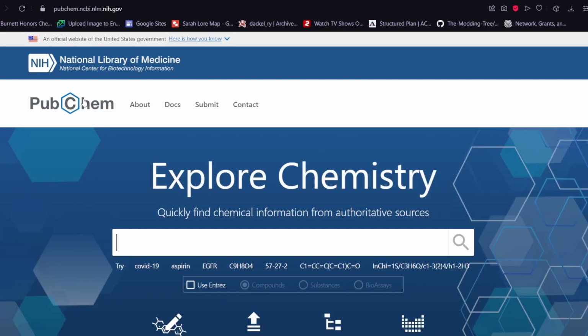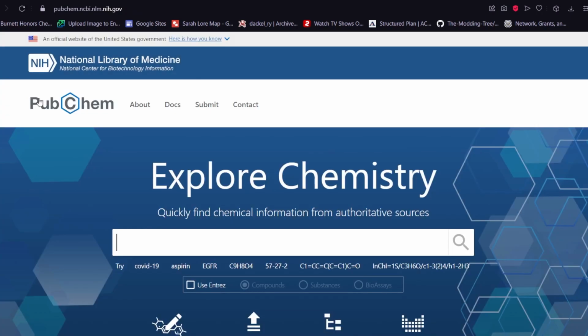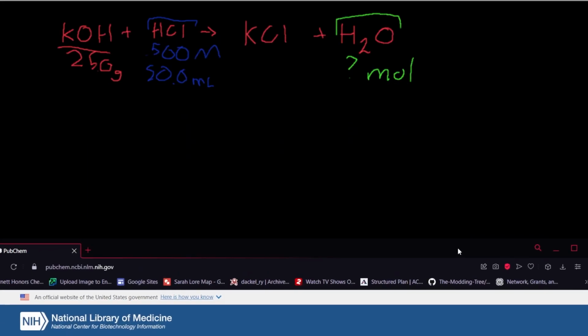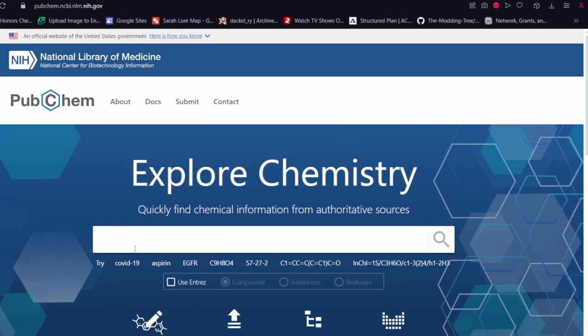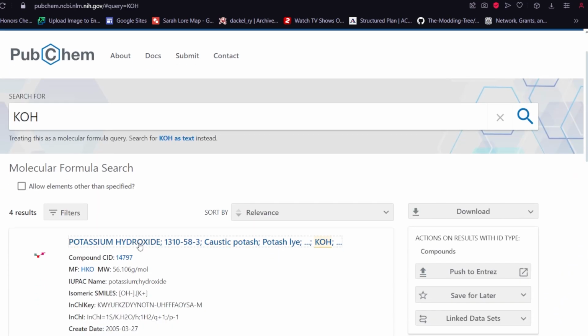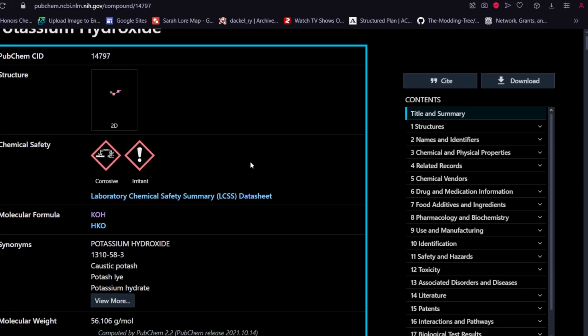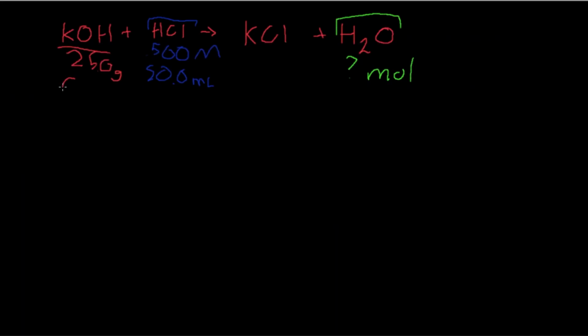What were we looking for? KOH, not potassium chloride, that's the other one. Potassium hydroxide. There it is. 56.11 grams per mole.